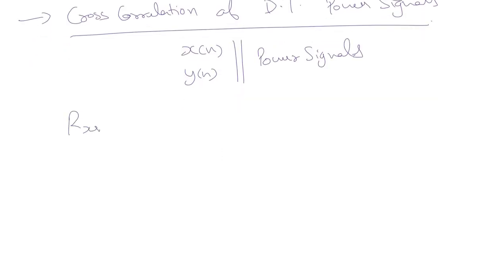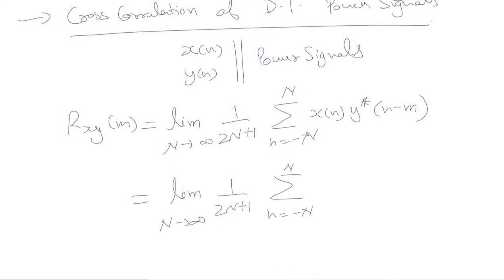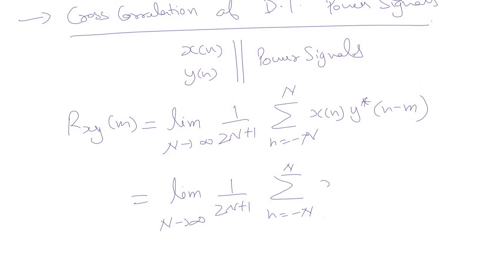So Rxy[m], the cross correlation function, can be represented as limit N tending towards infinity of 1 upon 2N plus 1 summation n equal to minus N to N of x[n] y conjugate[n minus m], and it can alternatively be written as limit N tending towards infinity of 1 upon 2N plus 1 summation of x[n plus m] into y conjugate[n].